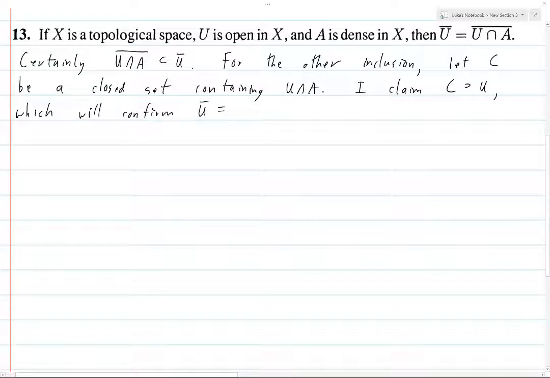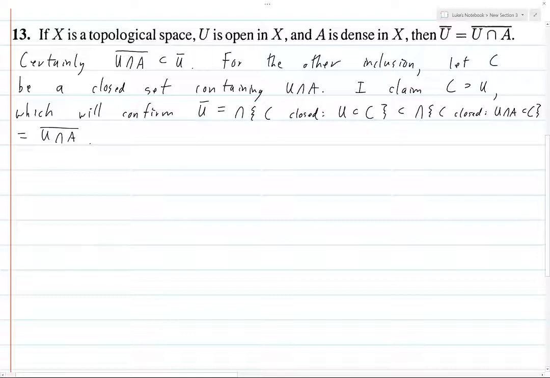The closure of U equals the intersection of all closed C such that U is contained in C. This is a subset of the intersection of all closed C such that U intersect A is contained in C. And this equals the closure of U intersect A.